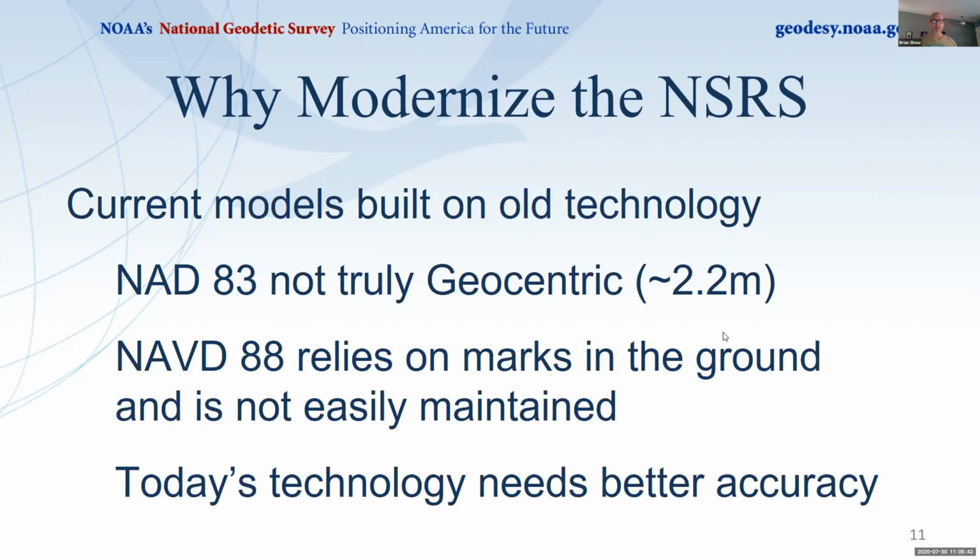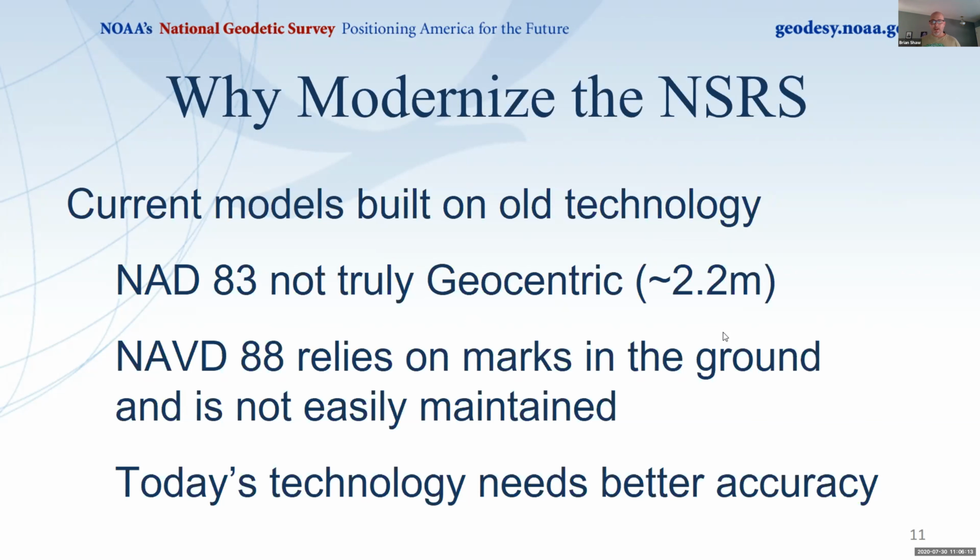Some of them are moving due to various tectonic factors or groundwater withdrawal or various things. And even though we're currently publishing heights on marks that haven't been visited since sometimes the 30s and 40s, other times the 60s or 70s, we're still publishing the heights that were determined back then. We understand this is not a good model, especially in today's world of accurate positioning.